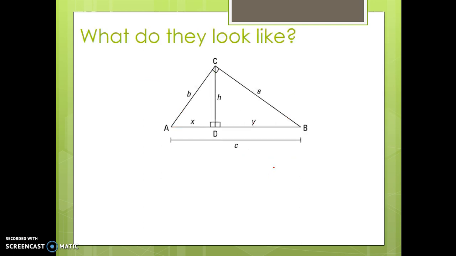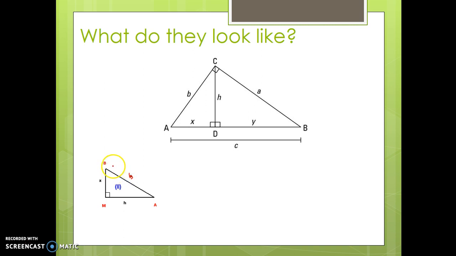Alright, similar right triangles, basically when you have a right triangle that's broken into 2 smaller right triangles. When you're looking at them, you want to first look at the smaller triangle and redraw it, where you have an X and H as the legs and the B as the hypotenuse.